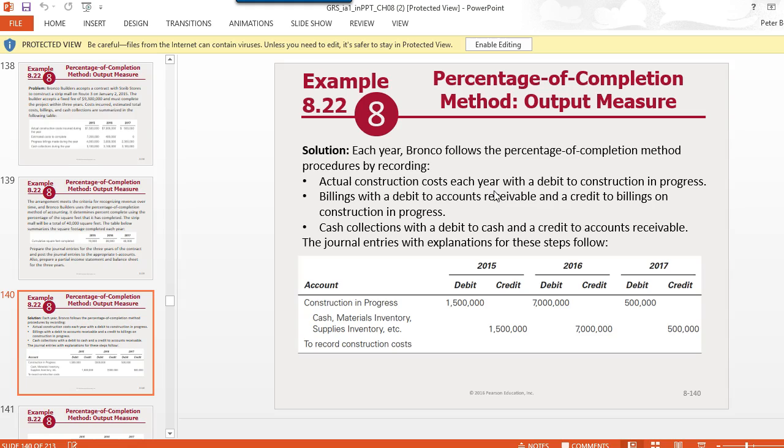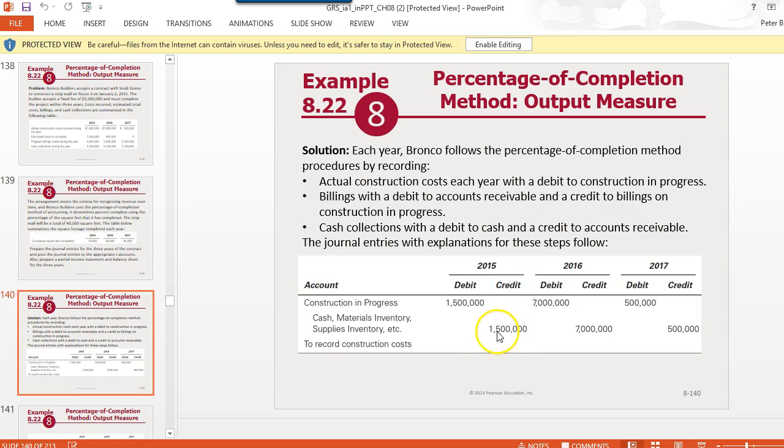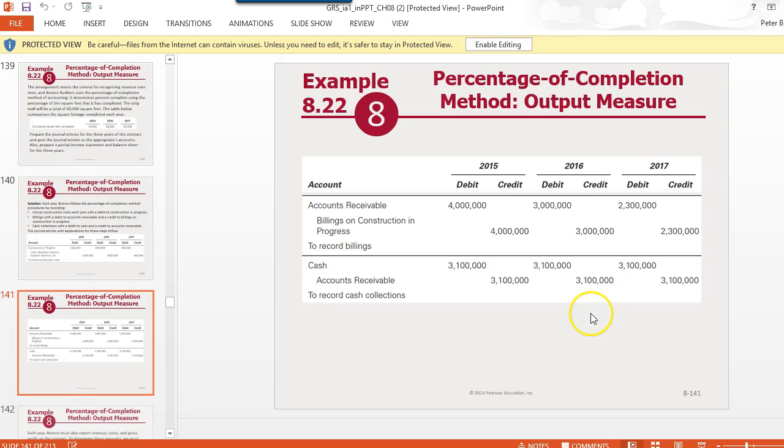So your journal entries, as you accumulate these costs, are going to be a debit to construction in progress, and you're going to credit materials, inventory, and supplies. Your billing is going to be accounts receivable, with billings on construction as a credit.